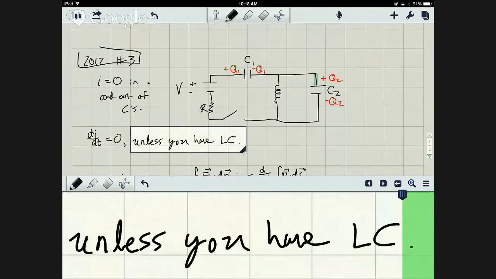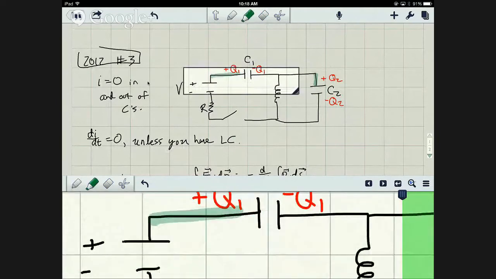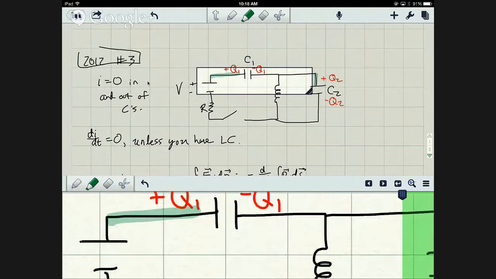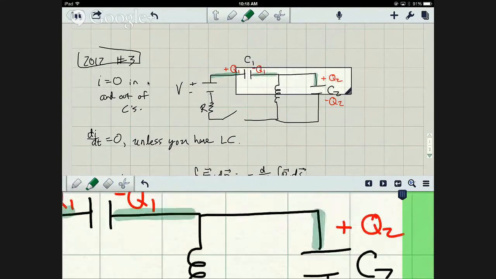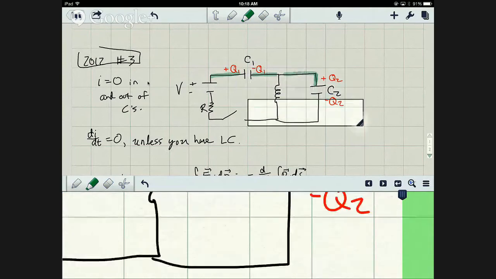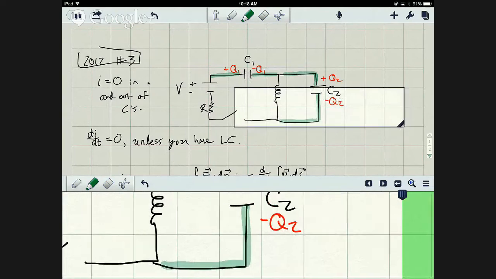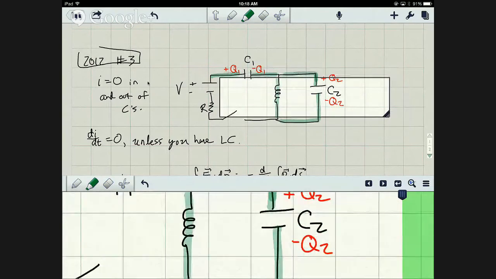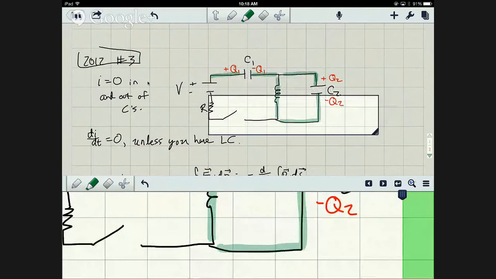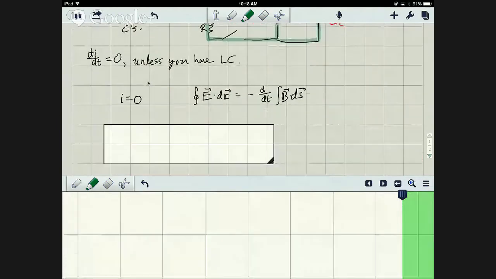So all the currents going in and out of capacitors are 0, not all currents in general, right? So these currents are definitely 0, and these currents in these wires are definitely 0. And that means there can be no current going through this wire. If there's no current coming into this wire, there's no current through it, and the whole way around, absolutely no current in the steady state.